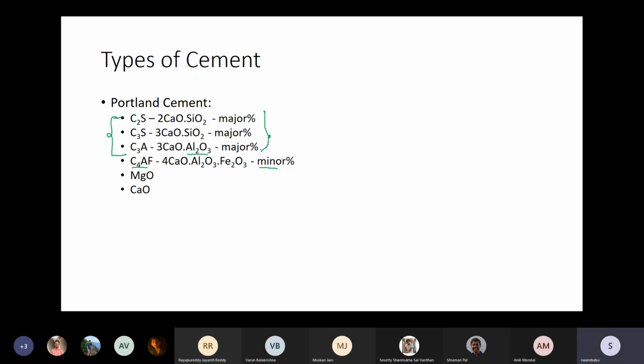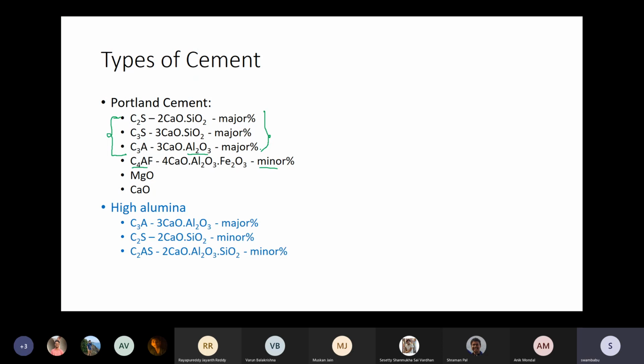So this is one type of cement. Another type of cement is high alumina cement.